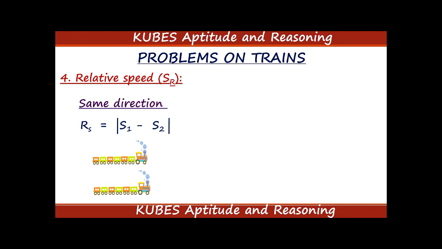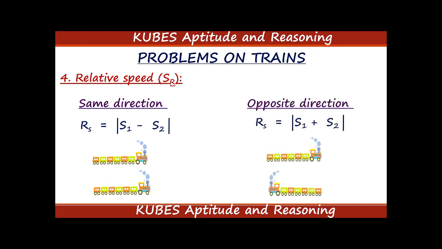For example, two trains are running on parallel tracks with the speeds of S1 and S2 respectively. Then relative speed equals S1 minus S2, where S1 is the maximum speed and S2 is the minimum one. And if the two trains are running on parallel tracks again, but now they are traveling in opposite directions, then relative speed equals S1 plus S2.